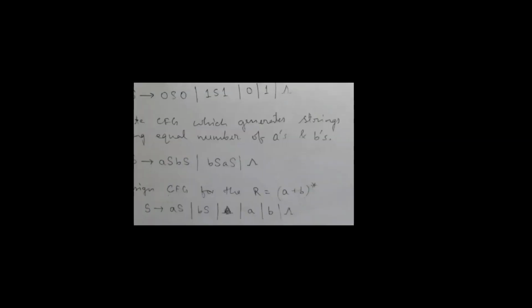Okay. And the next example is: write a CFG which generates strings having an equal number of zeros and ones. This grammar you have to remember how to generate, because some productions are difficult to generate. So with an equal number of zeros and ones, how to write it? Look at the production.